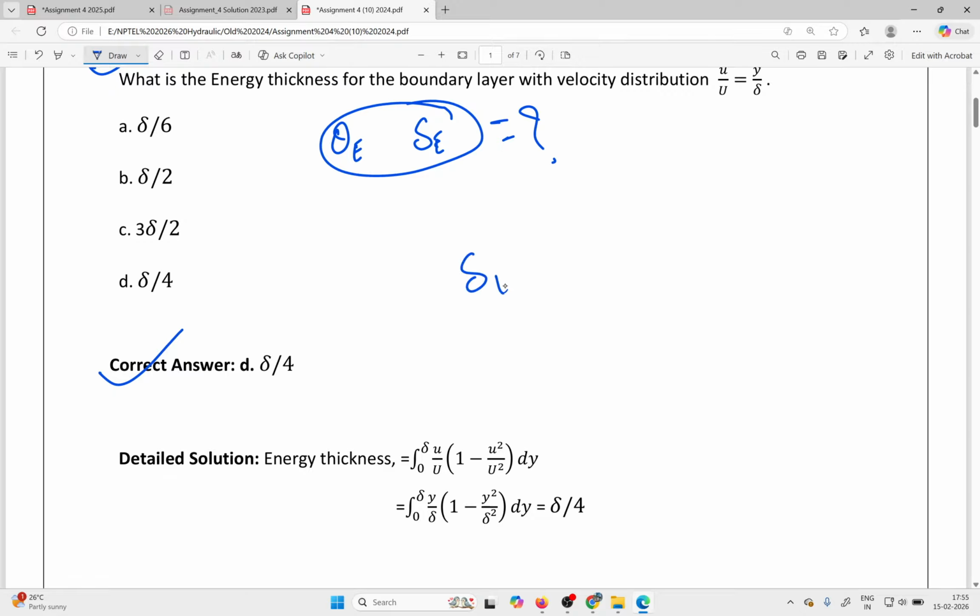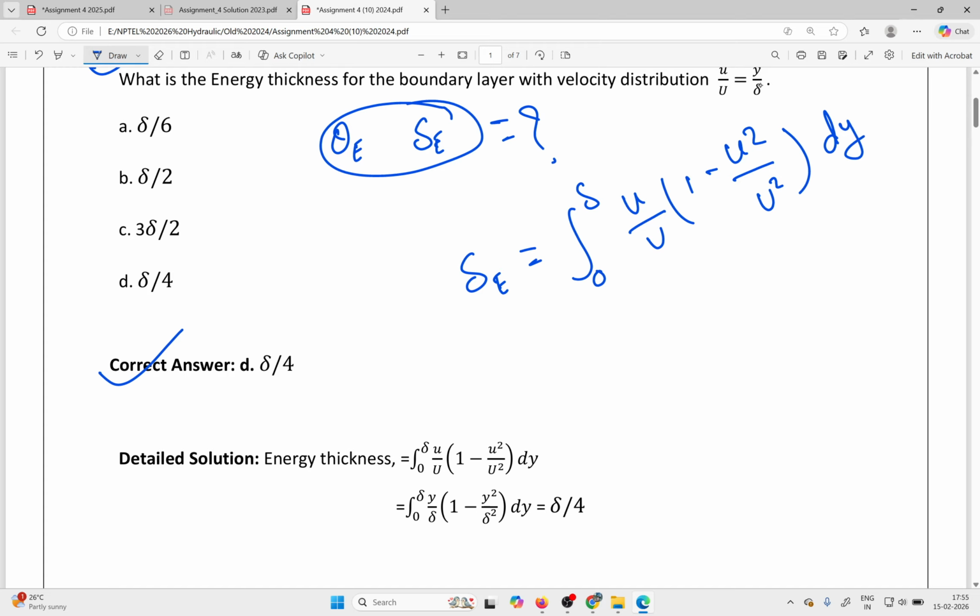Let me just write delta E by delta, equal to the integral of small u by capital U times (1 minus u square by U square) dy.